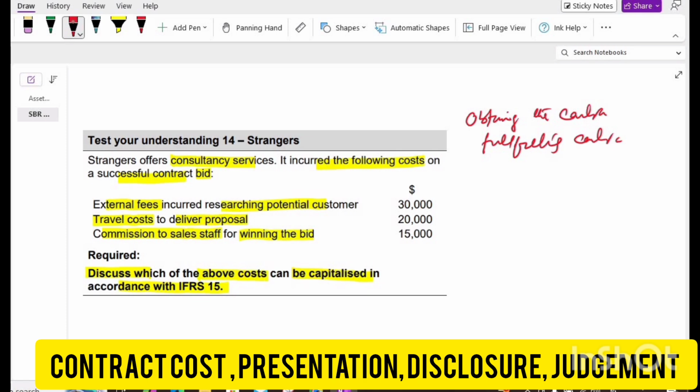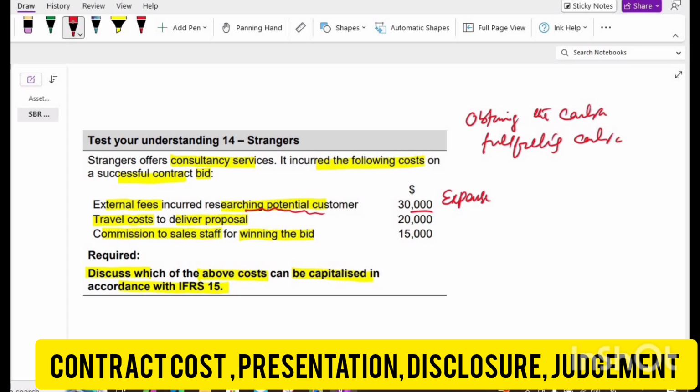The remaining costs should not be capitalized and should be expensed to profit or loss. So in this question, there are external fees incurred researching a potential customer, that is 30,000. This should be expensed. Why? These fees are incurred as part of research and the preparation to submit a proposal. Clear?